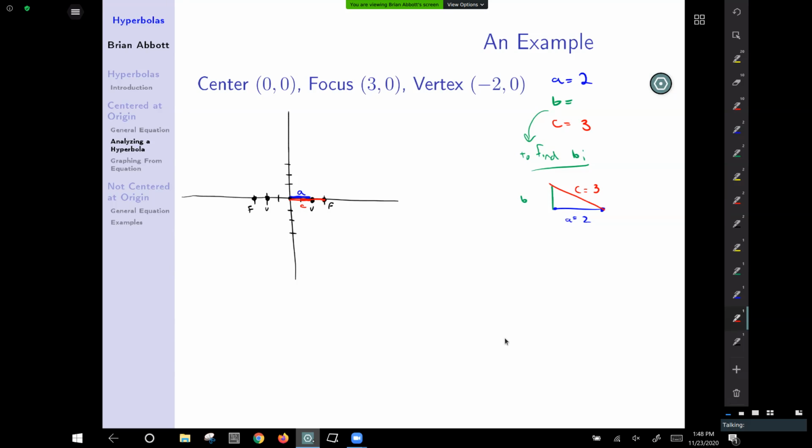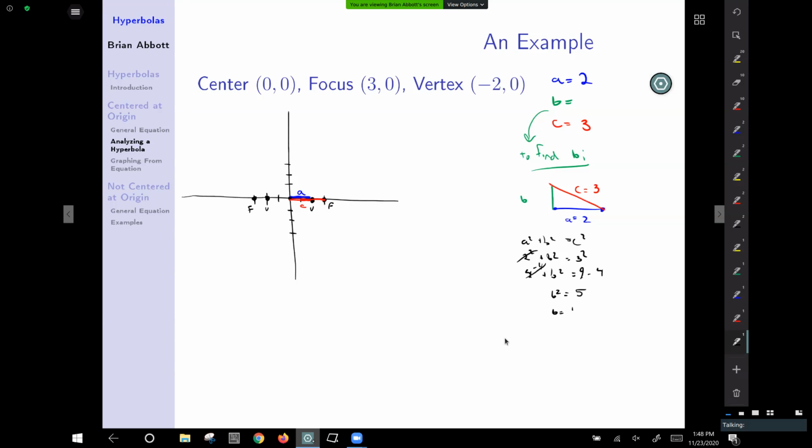So the Pythagorean theorem gives us A squared plus B squared equals C squared. That gives us 2 squared plus B squared equals 3 squared. So 4 plus B squared equals 9. Subtract 4 from both sides, and we get B squared equals 5.